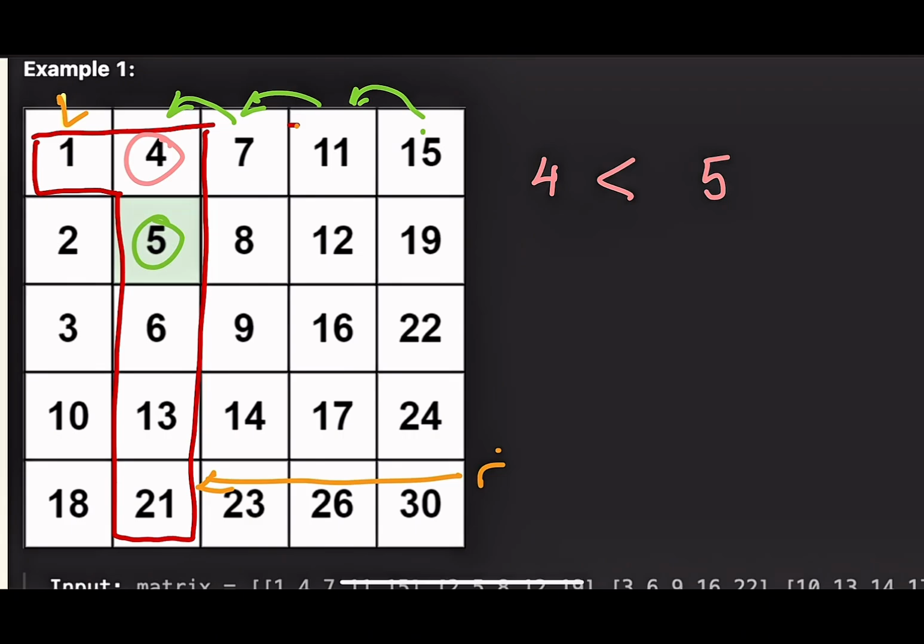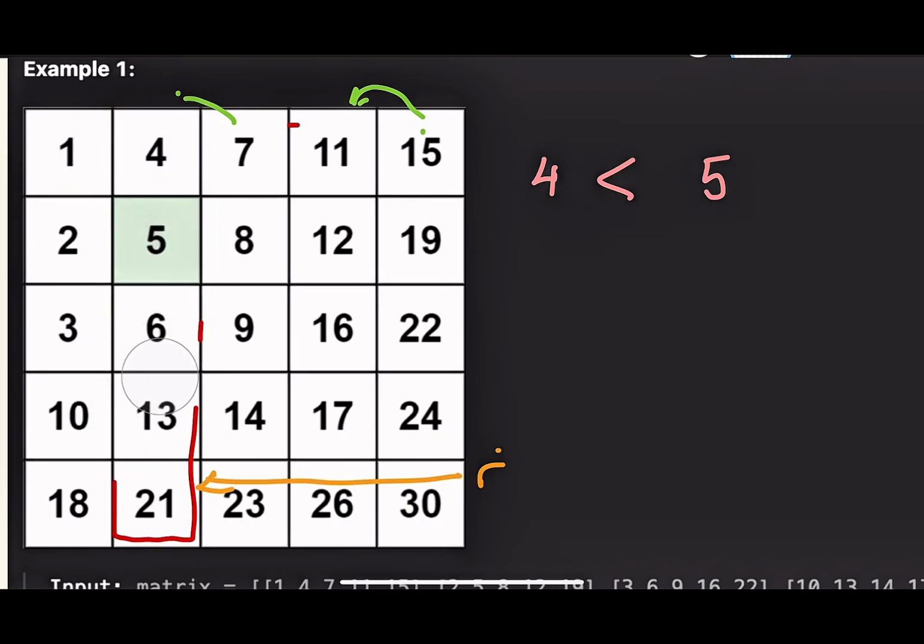So what I'm gonna do here is eliminate all of the values to the left of 4, because I know that the values to the left are smaller than the value on the right. So I'm gonna remove this one. So erase this one, and also remove number 4 too. Let's remove this one a little bit.